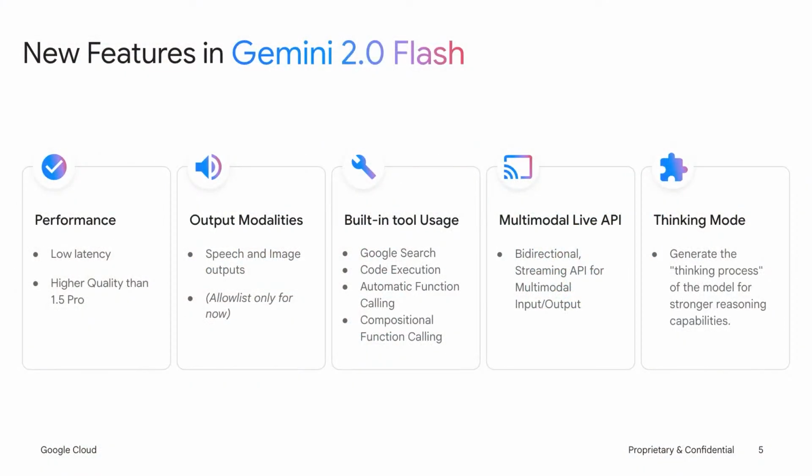So at a glance, here are some of the new features in Gemini 2.0 Flash. Like I mentioned, first we have this enhanced performance, but we've also added new things like new output modalities, new capabilities around tool usage, a multimodal live API, and a thinking mode. So let's take a closer look at all of these features.